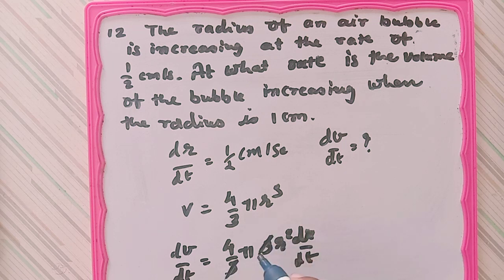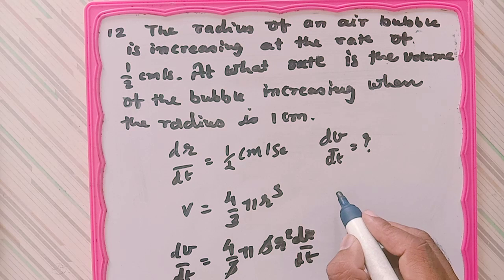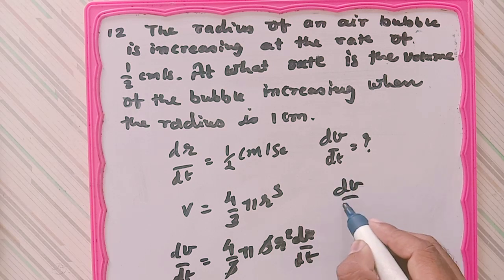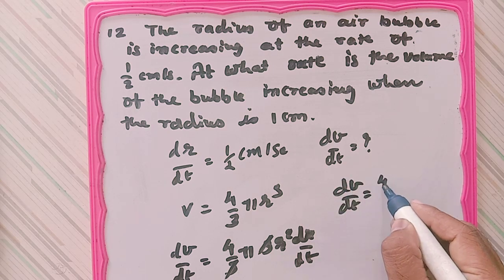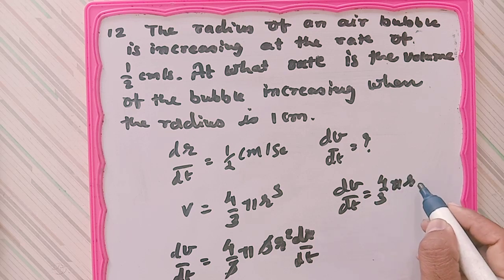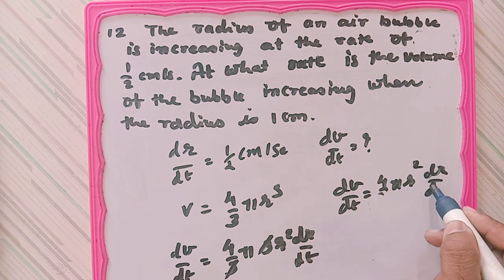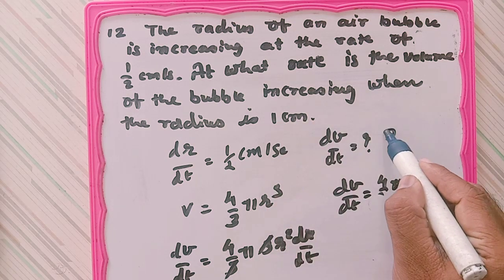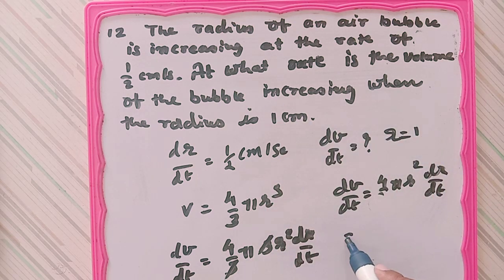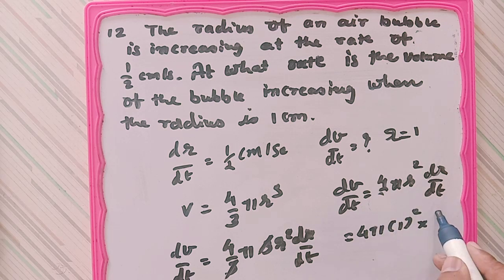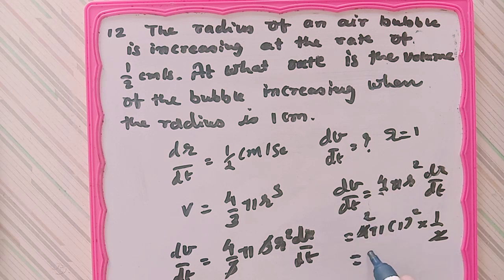So here 3 cancel, and so we have dv by dt equals 4 pi r square dr by dt. Now here radius is given 1 centimeter, and so it is 4 pi into 1 square, and dr by dt is given 1 by 2, so 2 2s cancel, and so 2 pi centimeter cube per second.